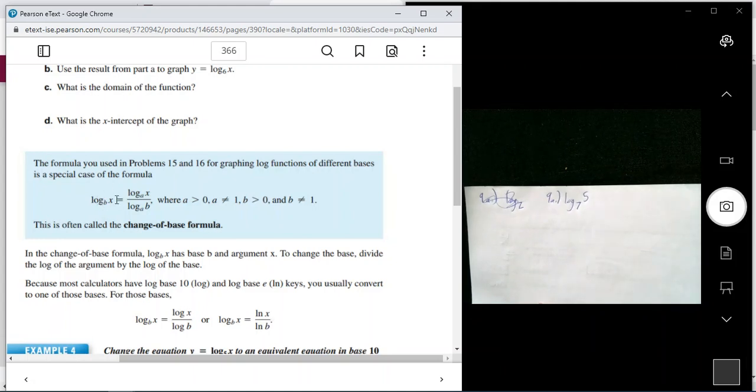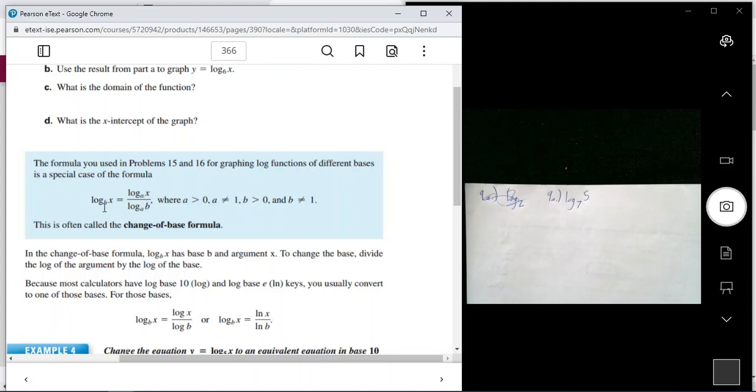The top value, now this a, this change of base, typically when you change the base, typically the base is going to be 10. So that a, well, they say a is greater than 0. Sometimes it'll be something different, but typically people just rest with base 10. So this a here is representing whatever your new base is going to be.